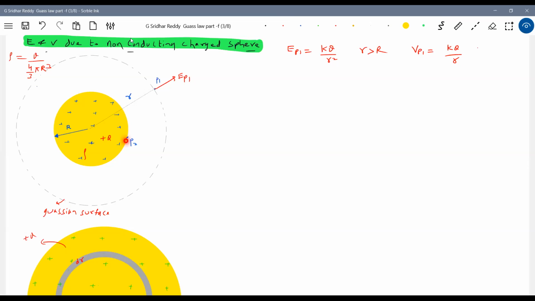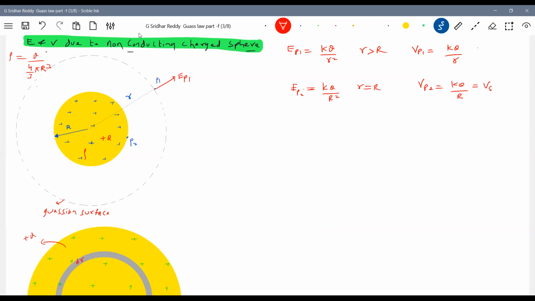Now on the surface, I'll make the small r into capital R. So on the surface, the field is KQ by R square, where r is equal to R. Potential on the surface is KQ by R. So like this, we can determine the electric field strength due to a uniformly charged sphere. Very simple, better remember, very useful for you.